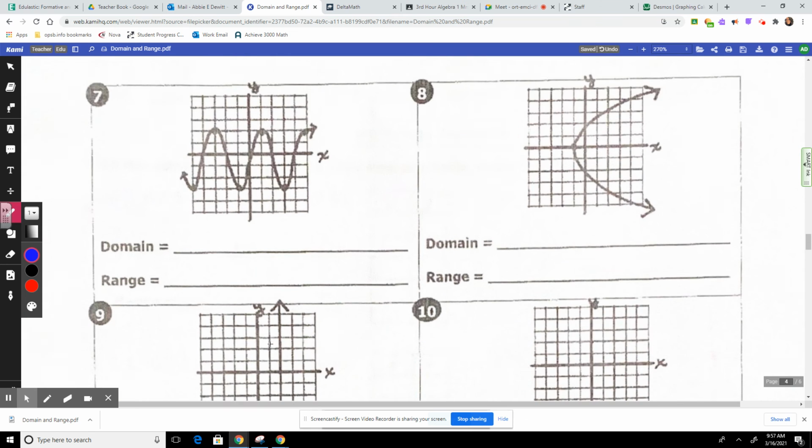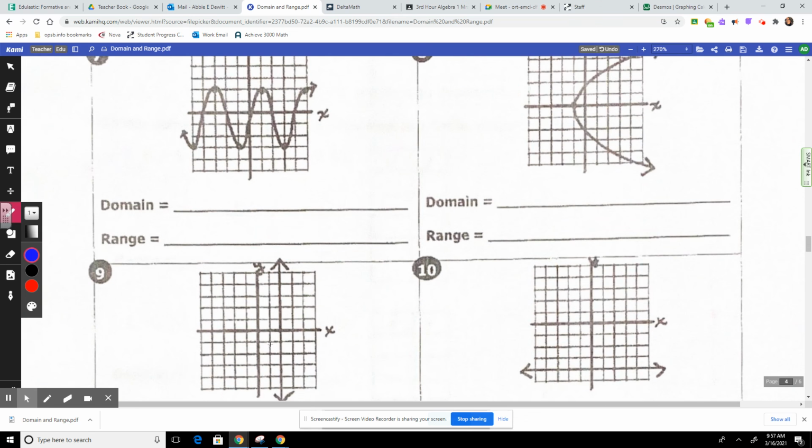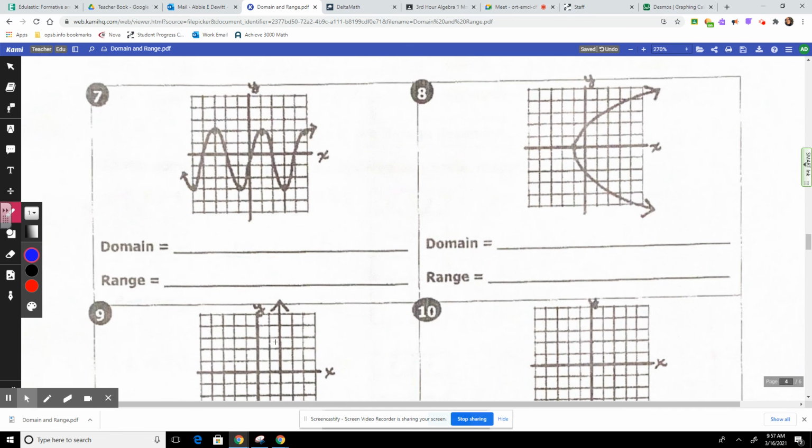Okay, a few more. I'm going to do 7, 8, 9, 10, and then the last 2 pages on this PDF document are for you guys to do. For number 7, going left and right, I cannot draw a line going left because this arrow says it's going to continue. I cannot draw a line going right because that arrow says it continues, so it's all real numbers. I cannot draw a vertical line left or right saying that the line stops here.